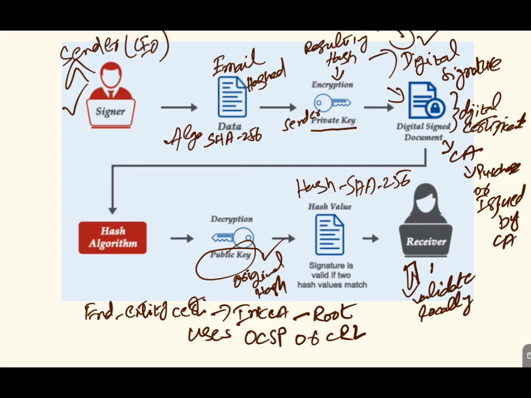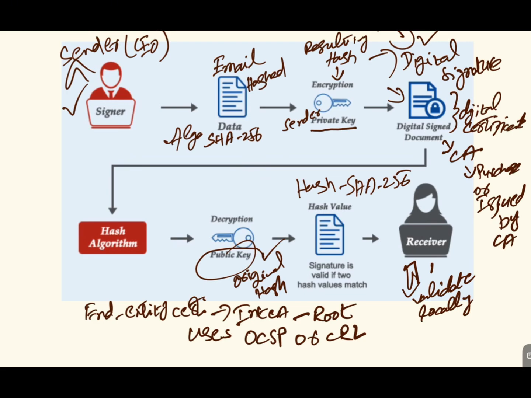The email client recalculates the hash of the received email content, because you have that hash algorithm, SHA-256. That information is available and that is done by the system itself. So as a user, you are not doing it manually.